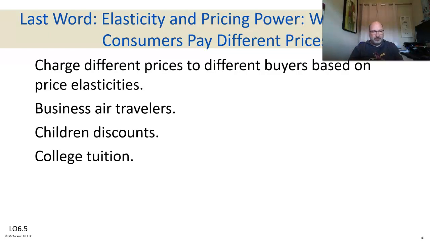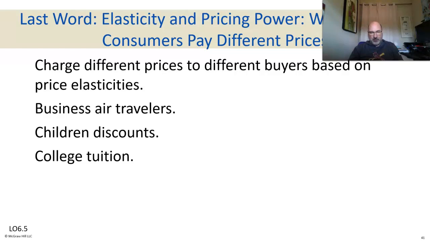So basically, what happens if you have price discrimination? You need a few things. You need to be able to easily change the price of the good. You need to have two groups with different price elasticities, and you need to be able to prevent resale of the good. If you have those three things, you can price discriminate and gather more sales by charging two different groups two different prices.